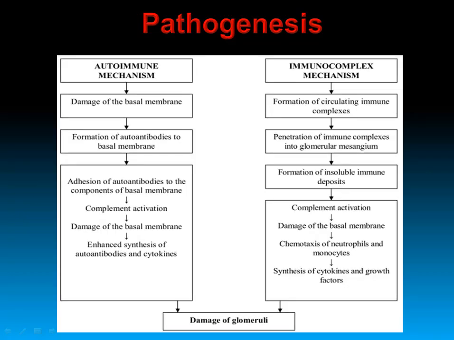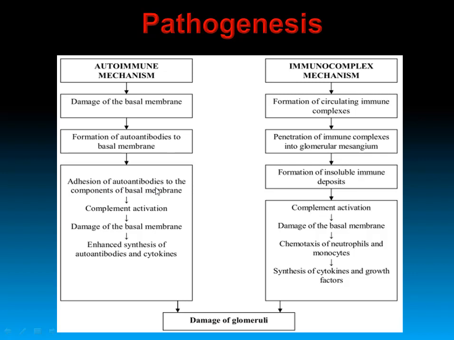What is the mechanism of glomerulonephritis development? Two main mechanisms are valuable: autoimmune mechanism and immunocomplex mechanism. In the autoimmune mechanism, the first initial stage is damage to the basal membrane. As a result, autoantibodies are synthesized in the immune system and they attack the basal membrane.